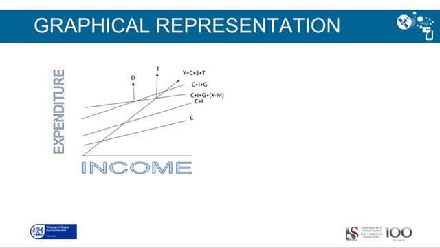What we note here is that at point D your four-sector and your three-sector meet, and here at point E is the equilibrium point for our four-sector model, because that is where your expenditure crosses your income.